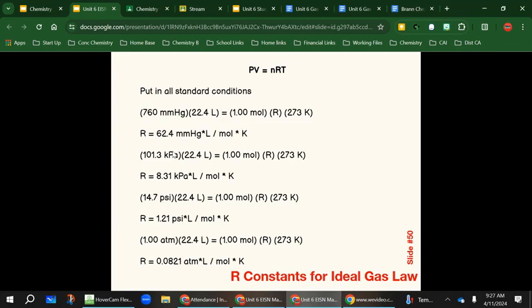And then underneath, I would write 8.31 kPa times liters over moles times Kelvin. And then I would write 1.21 psi times liters over moles times Kelvin. And then I write 0.0821 atm times liters over mole times Kelvin.